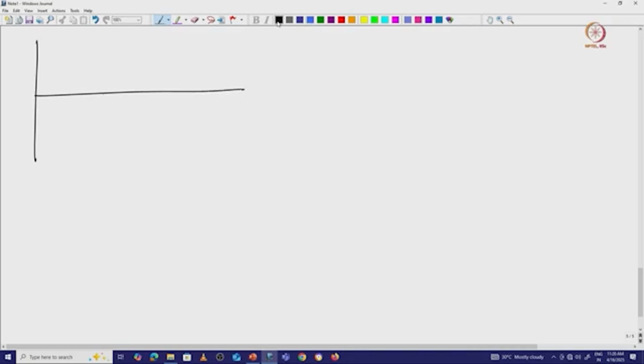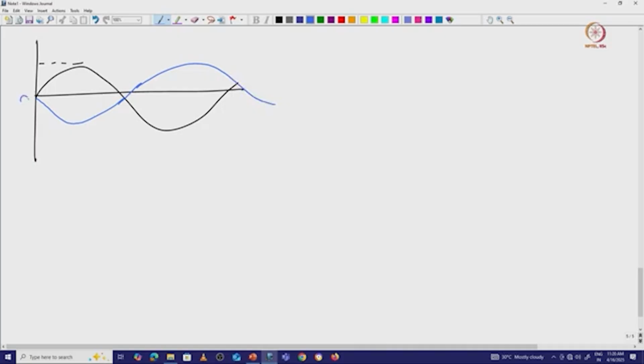So, one wave I am drawing is this one. This is again our amplitude and this is the phase. Now, consider that the second wave is going like this.